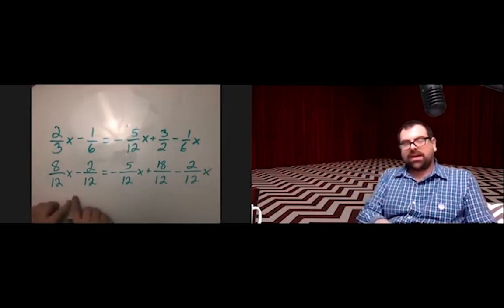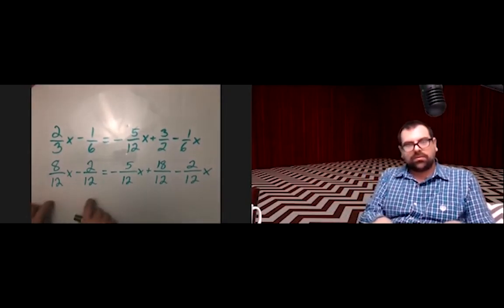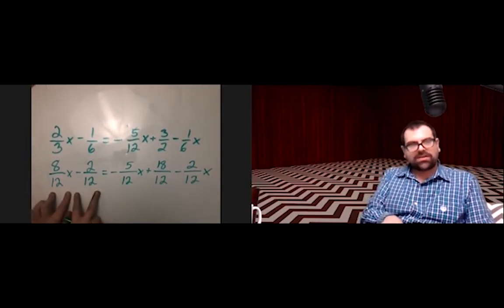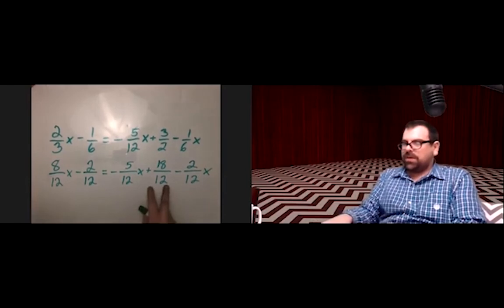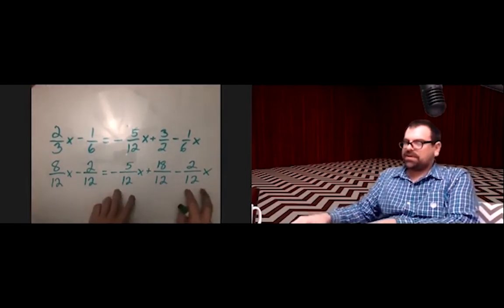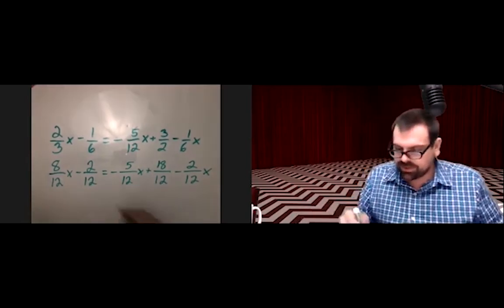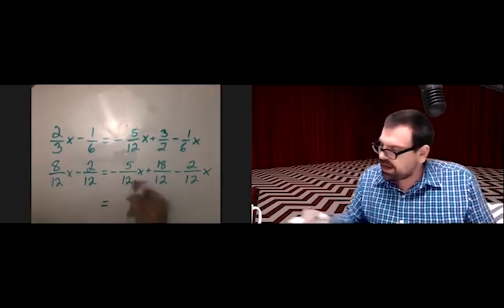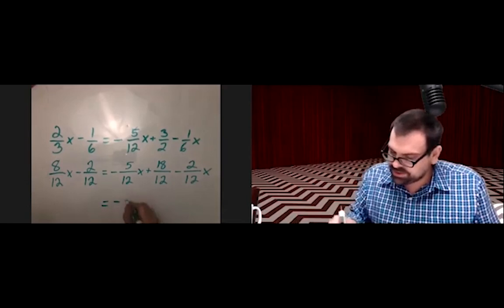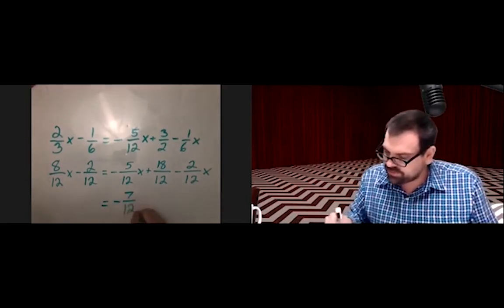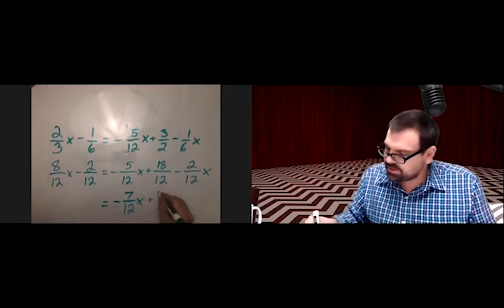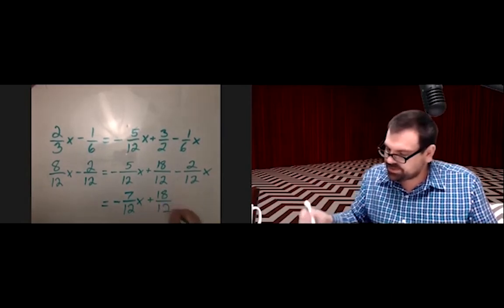Now there's nothing I can combine on the left side. This is an x term. This is not an x term. They are not like terms. They can't be combined. Over here, the middle term doesn't have an x, but these ones do. So I can write this more simply. Negative 5 minus 2 is negative 7/12 x plus 18/12.